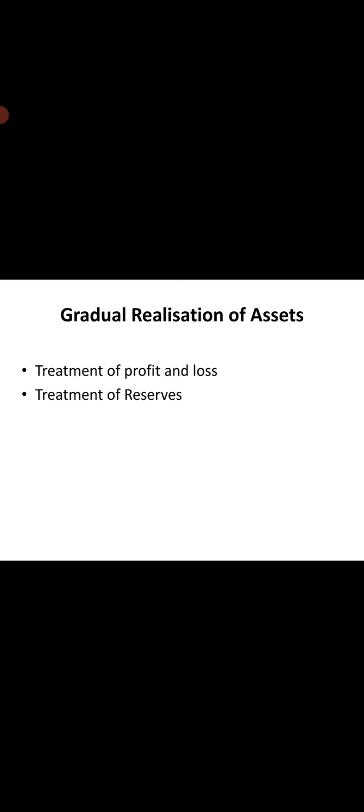In the next stage, we prepare the statement showing the piecemeal distribution of cash. If you refer to the balance sheet, there are liabilities like creditors, loan and partners' capital. We take the liabilities balance as given: creditors 40,000, loan 10,000, and capital of P 50,000, Q 15,000 and R 45,000.